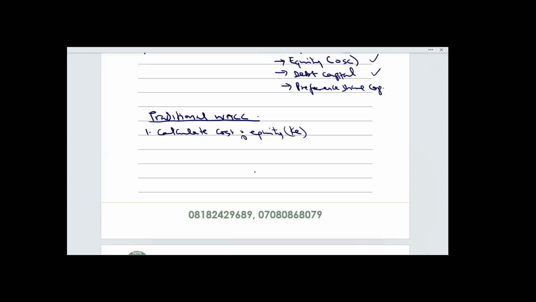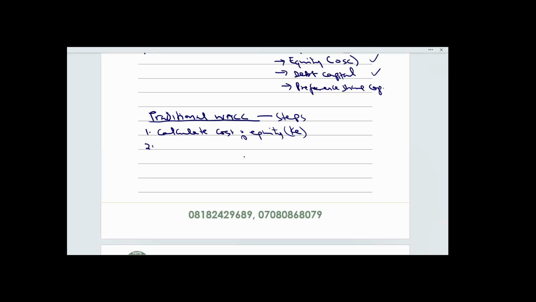This is a given because as a company, we have owners. If the company has owners, then the company must pay dividends to the shareholders. So as a company, there must be cost of equity.